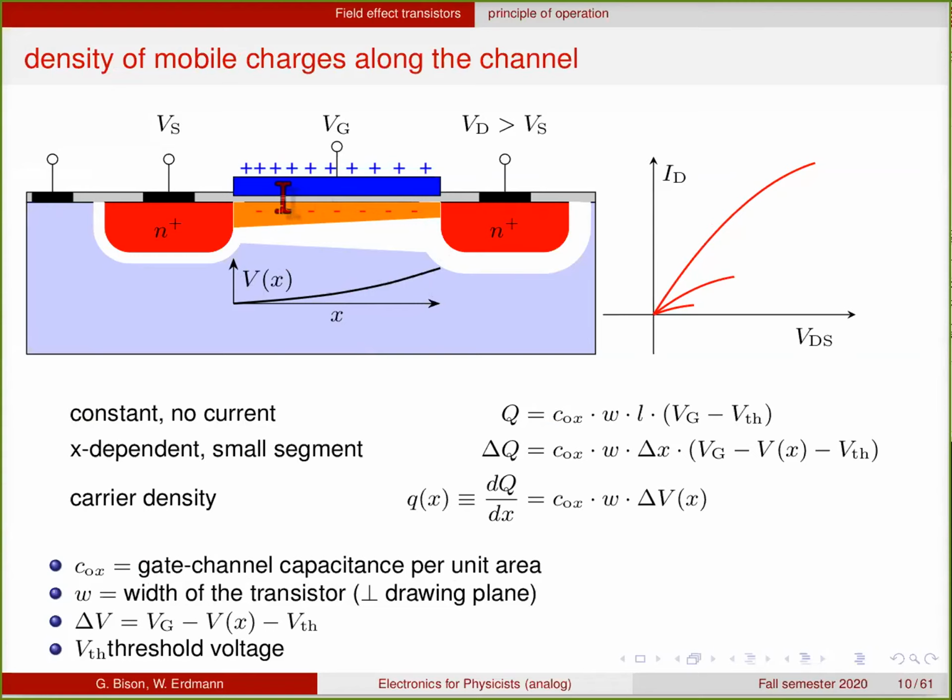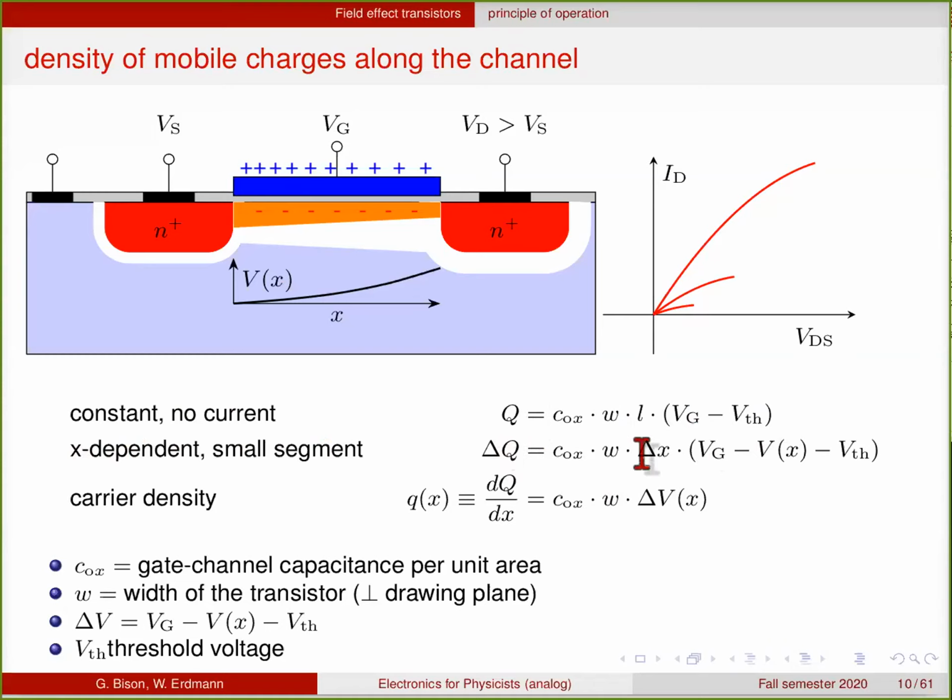So let's look at the density of mobile charges first. This is the case that we had before, when everything is at the same potential. Now, if we have an x-dependent voltage here in the channel, we can chop this into pieces, and every piece has a certain smaller amount of charge.